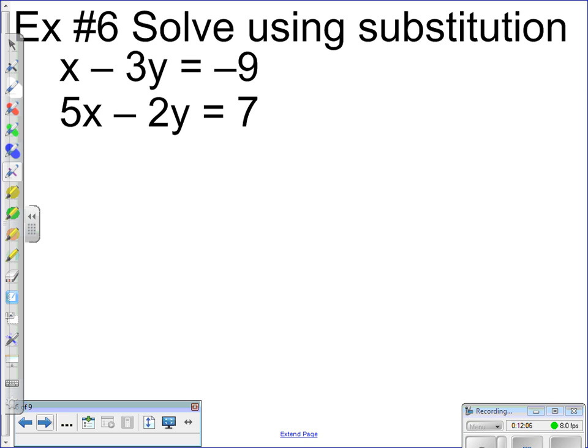Number 6. Pause if you'd like to attempt this on your own. All right, the variable that you need to solve for is x. In order to get that to be x equals, though, I'm going to have to move the negative 3y over.